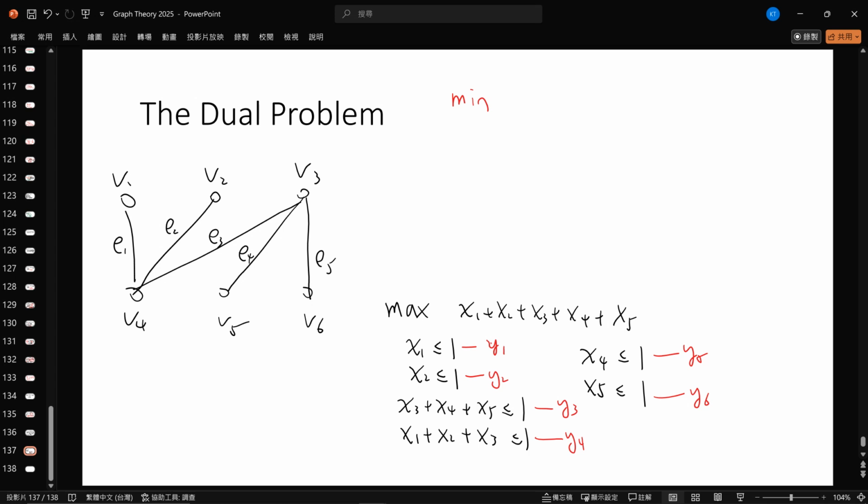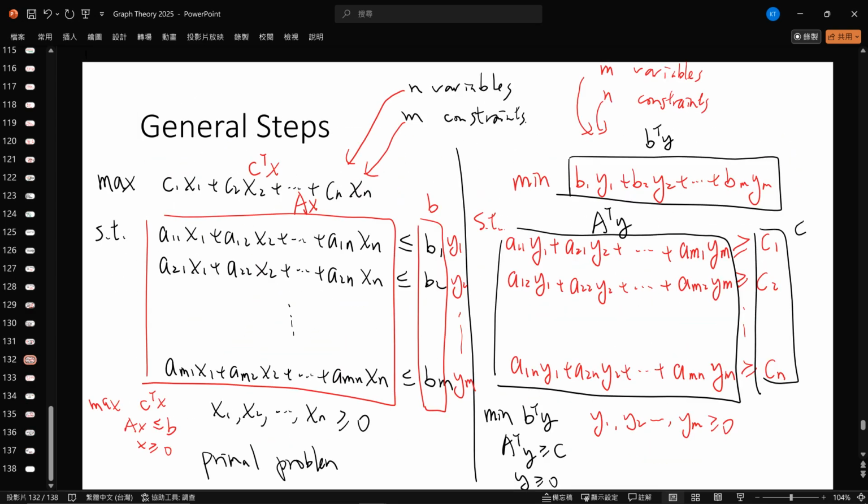In particular, we want to minimize the right-hand side of the weighted combination of these constraints. I said earlier that the objective function for the dual problem is simple. We just compute the inner product of B and Y, that is the right-hand side of the constraints and the dual variables.